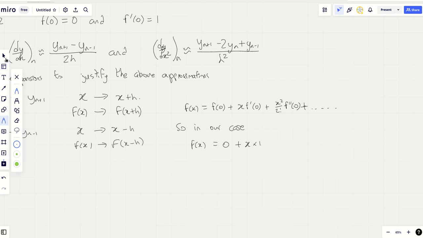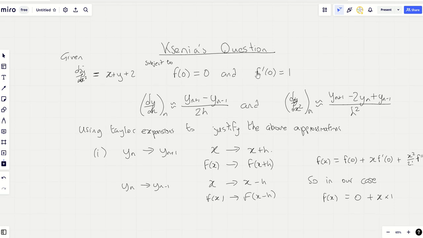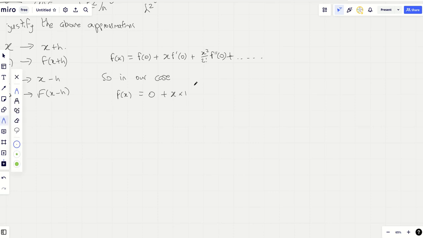Now, we can also work out f double dash of 0, because the second derivative equals x plus y plus 2. When x is 0, y is 0, so f double dash of 0 equals 2. So we put in x squared over 2 times 2, plus dot dot dot.